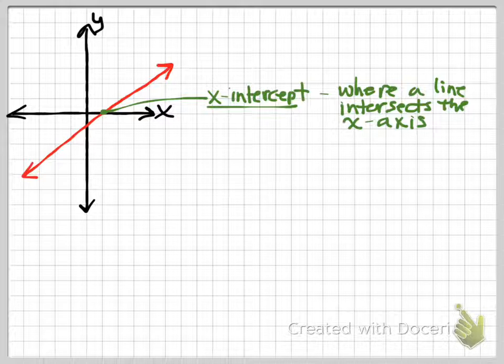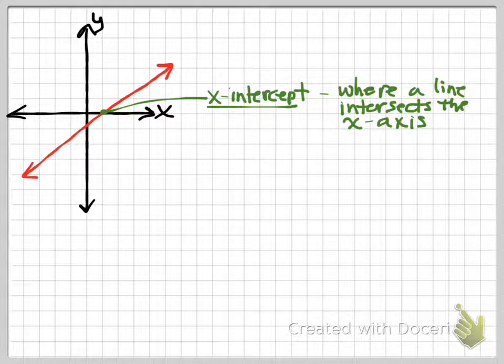Now notice I haven't put any labels here in terms of tick marks, and I don't know what I'm counting by. So if somebody says, okay, I need you to give me the coordinates of that particular x-intercept, what would the coordinates of that x-intercept be? So in general terms, we can use x and y as our numbers, okay? So what would you say would be the coordinates of the x-intercept?